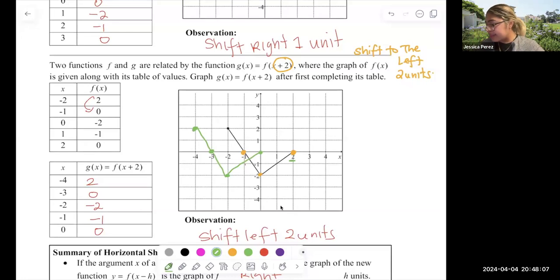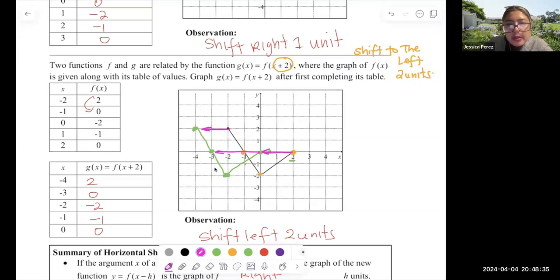I just said that the Y values do not change. Only the X values change. So see how I shifted 2 units to the left. I switched this orange to the green, this orange to the green, and this orange to the green.